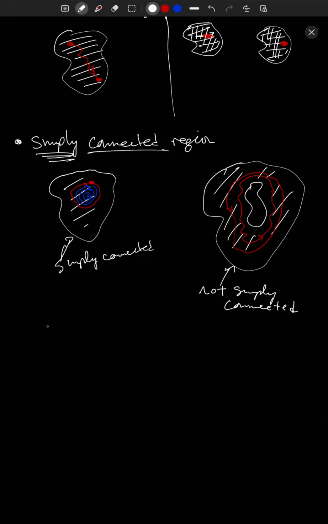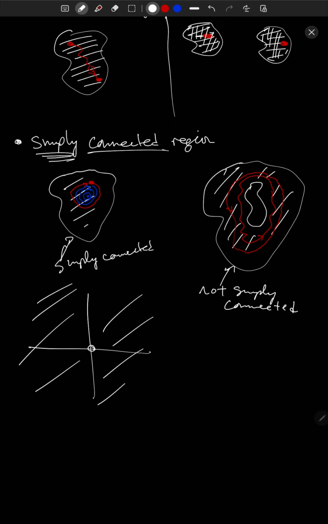Another picture of something which is not simply connected in the plane would be if I take the entire plane and remove a single point, let's say the origin. So now my region is everything except the origin. This is another example where it's not simply connected, because that loop right there cannot be shrunken to a point.